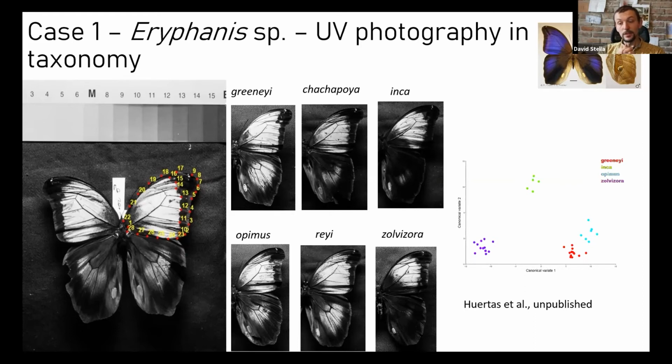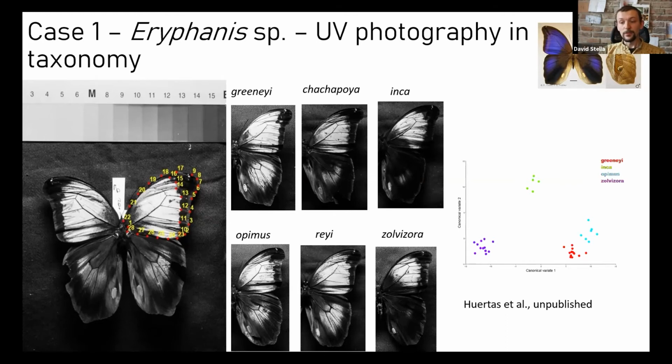However, it proves to be very distinct in UV spectra. So UV patterns could serve as some kind of reproductive isolation mechanism. So they could act as some kind of taxonomic characters, possibly.